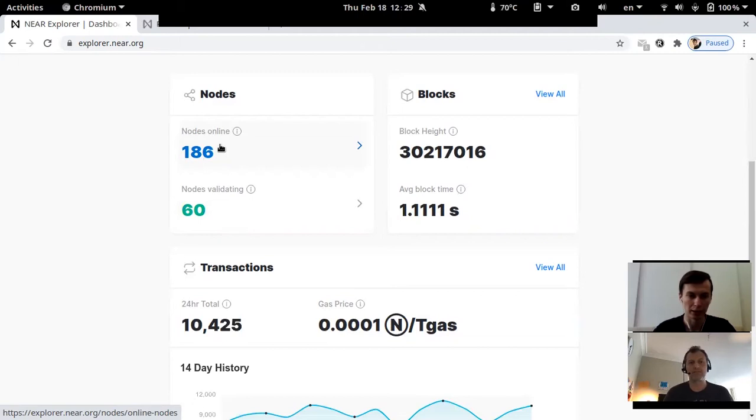Other instances would be archival nodes, which keep track of all the history from the very beginning of the network, from Genesis. Another example is indexer nodes, one of which is used for Explorer itself. So a lot of them are here. We will open them up once we cover the rest of the page.